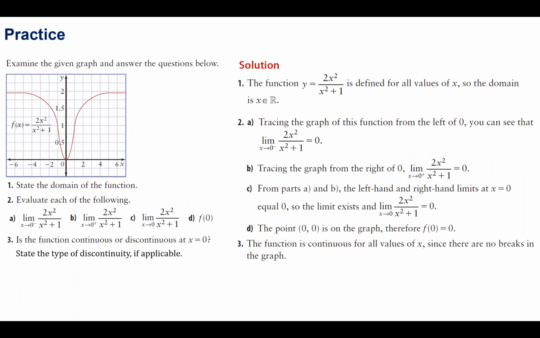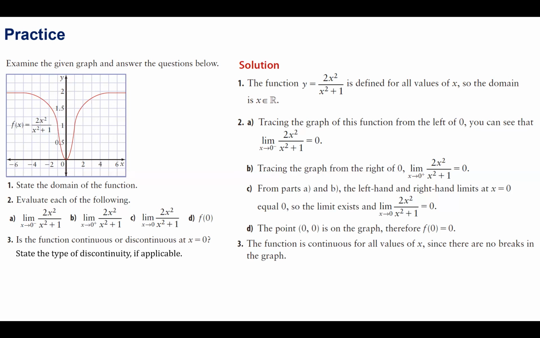Okay, second, evaluate each of the following expressions. Tracing the graph of this function from the left of 0, we can see that the limit of this function as x approaches 0 from the left side equals 0, right? Trace the graph from the right of 0.